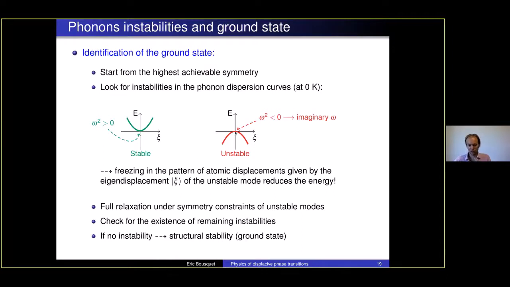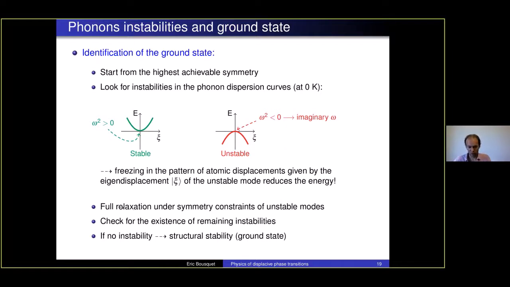Once you identify that, you know that the pattern of atomic displacement that allows you to reduce the energy is the eigenvector of the phonon that is imaginary, with imaginary frequency. So you can push your system out of the high symmetry; here you are on the slope. Because from DFT we can compute the forces and so on, you minimize the forces and the cell parameters, and then you can find the next energy minimum you can reach.